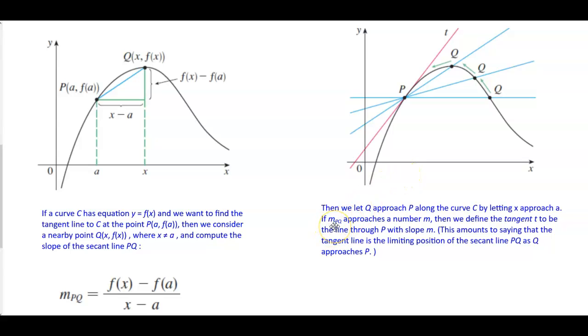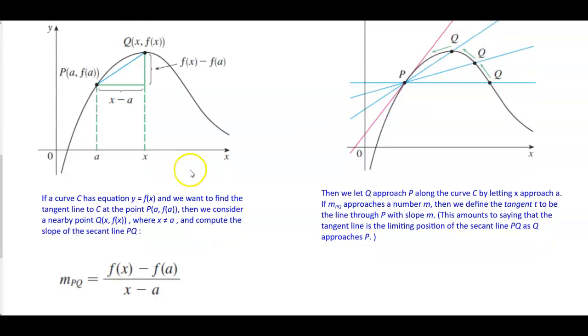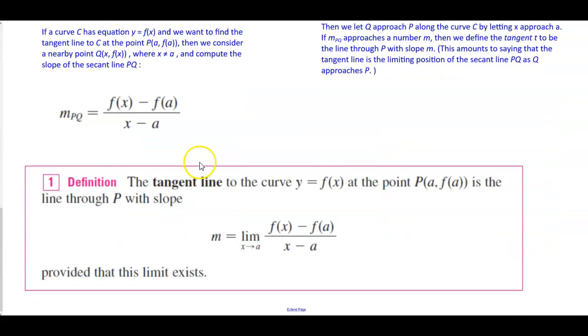If the slope of PQ approaches a number m, then we define the tangent T to be the line through the point P with slope m. This amounts to saying that the tangent line is the limiting position of the secant line PQ as Q approaches P. So this comes to our first definition.